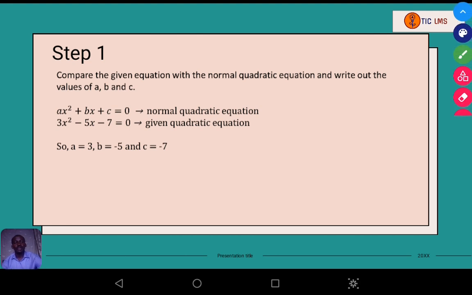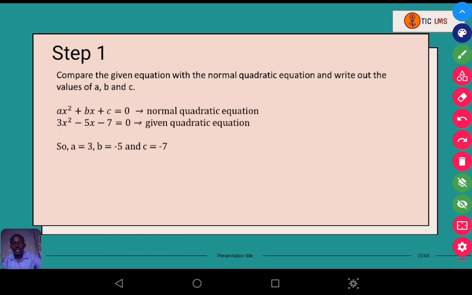What that means is that the first equation you see there is a normal quadratic equation, and you have your a, b, and c. And then we have the quadratic equation which we were given.